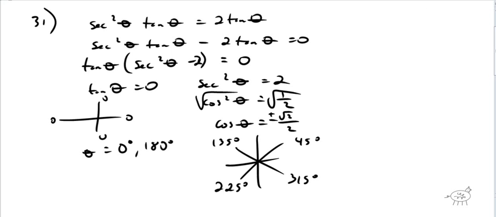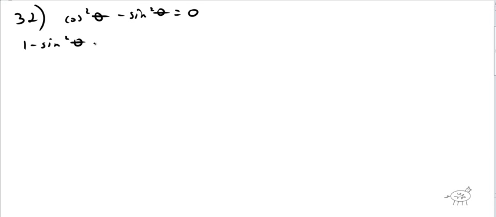Cool. And the last one here is 32, which is a really good problem. Cosine squared of theta minus sine squared of theta equals 0. Great problem. There are actually 3 ways to solve this one. An obvious one to me is going, oh, I can change that cosine squared to 1 minus sine squared of theta, minus sine squared of theta, right?